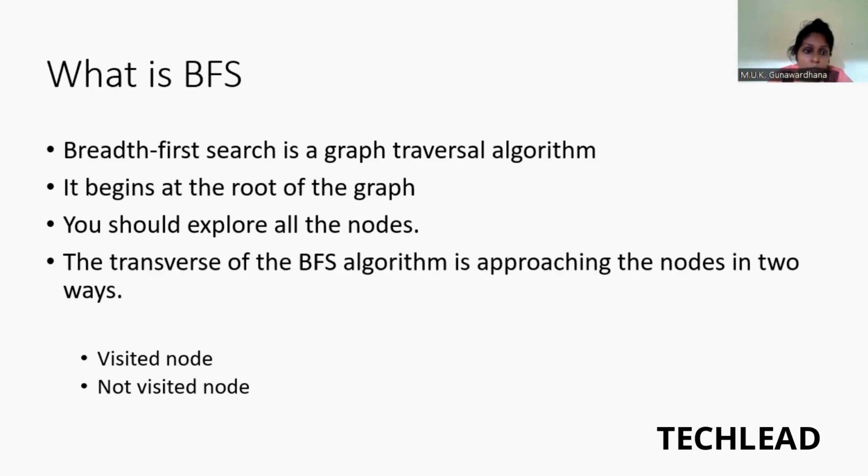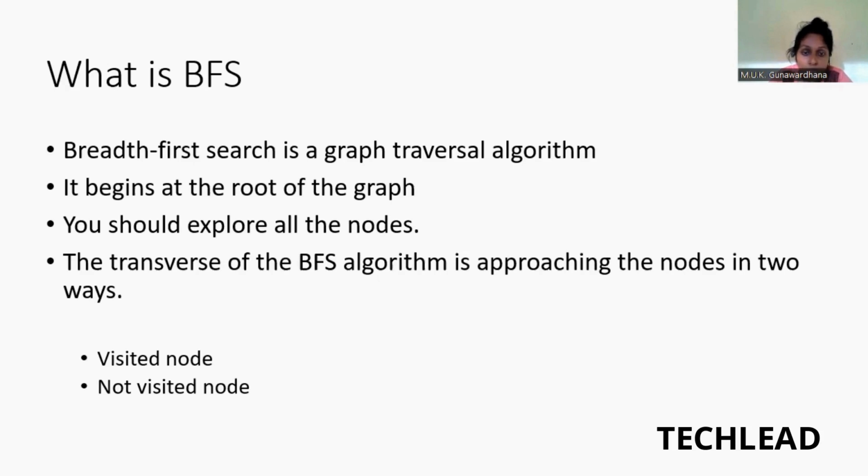This algorithm begins with the root node, that is the source node. We must go through all the nodes in the graph to complete the algorithm. You should explore all the nodes level by level. Once we complete one level, we move to the second level.